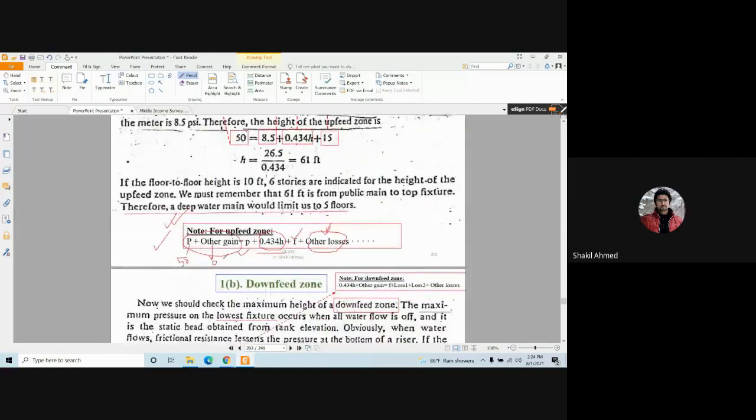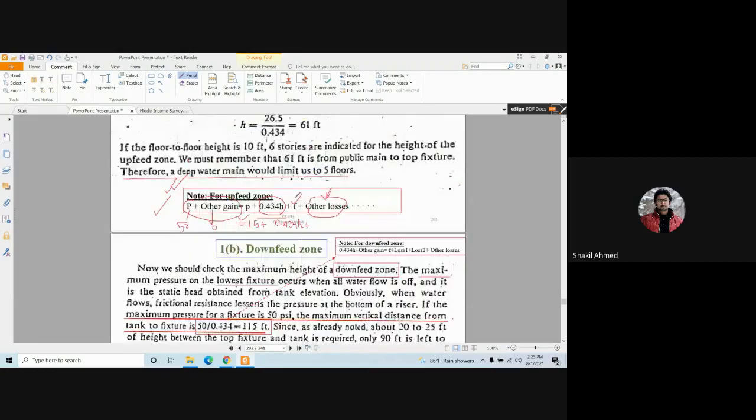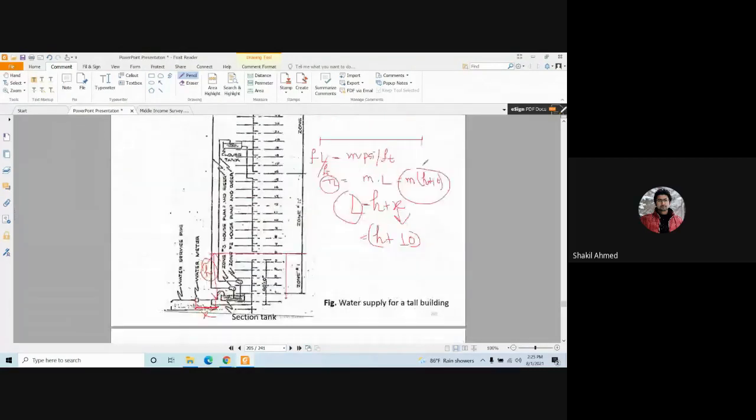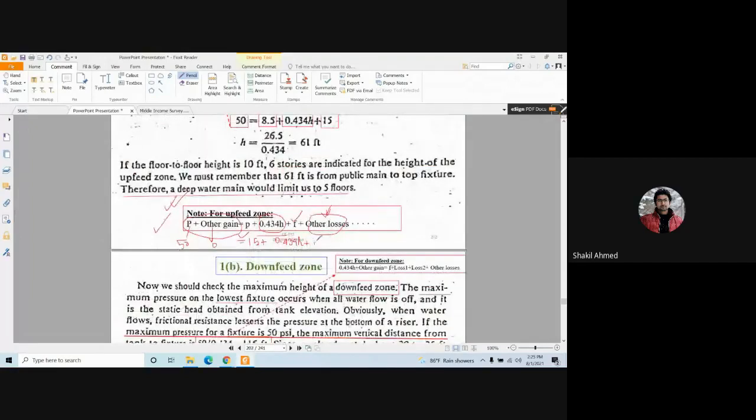So what did you get from here? 50, 0.434 into H plus, let's see what they have there. This is a frictional loss. Frictional loss is m into L, as I told you, m into H plus 10.